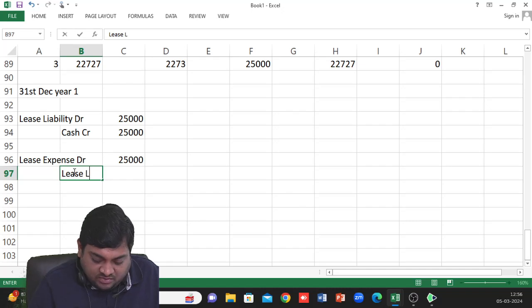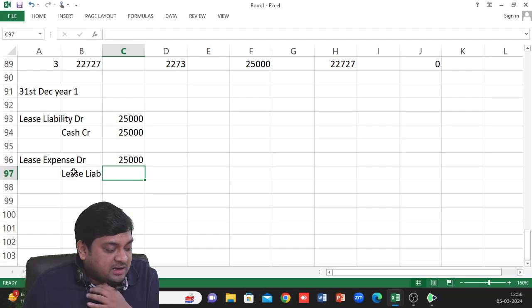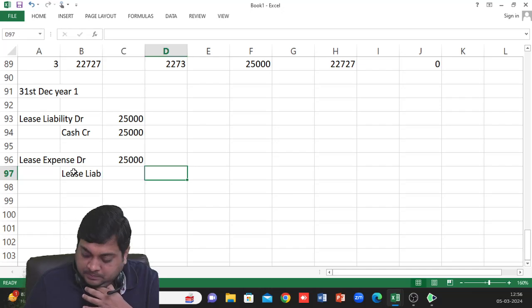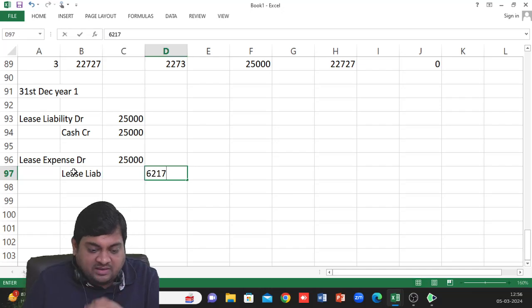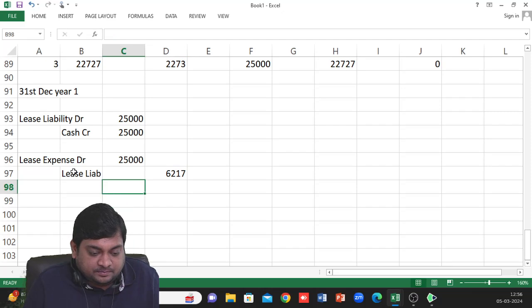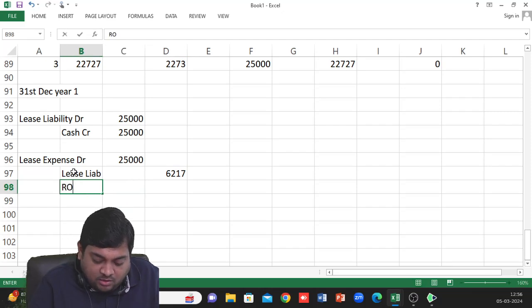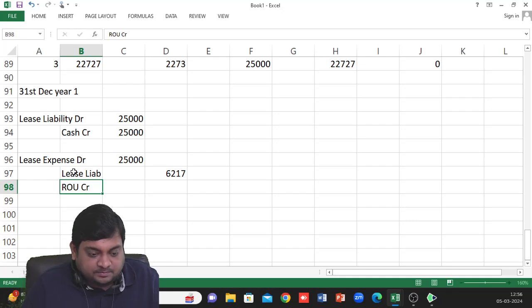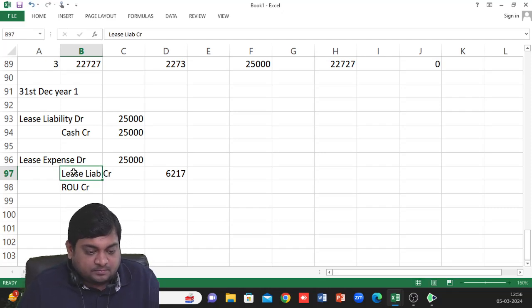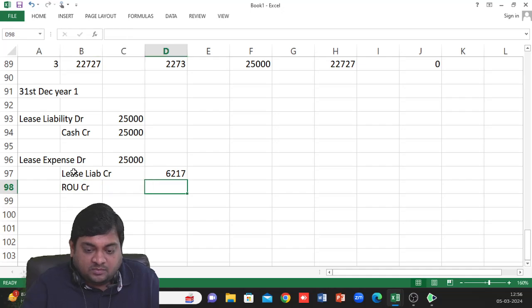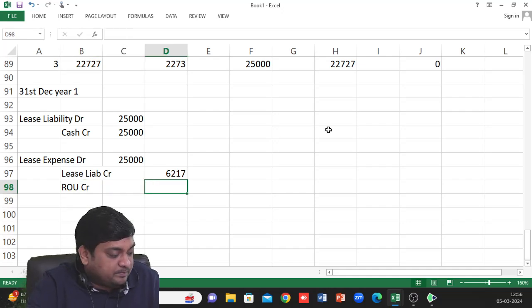So we have lease liability, how much? The interest part, 6,217. And then you have ROU credit, the plug. How much is the plug? 18,783.